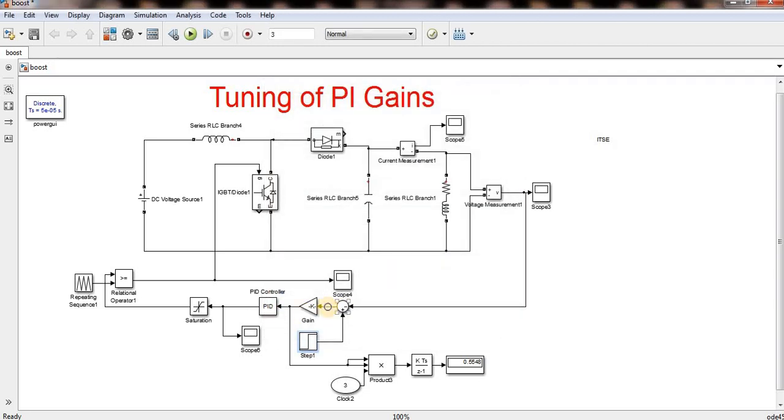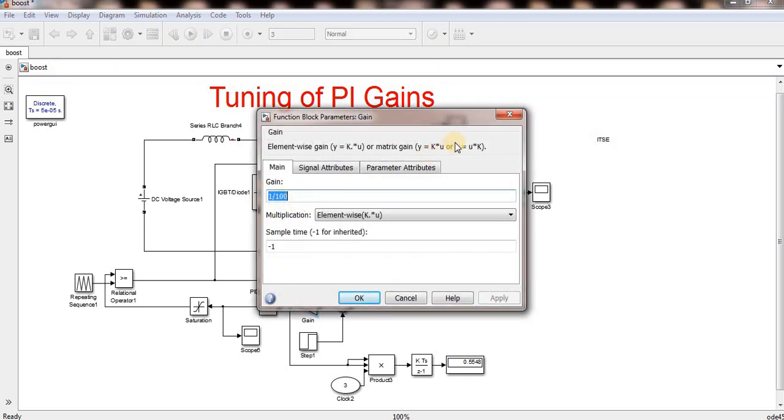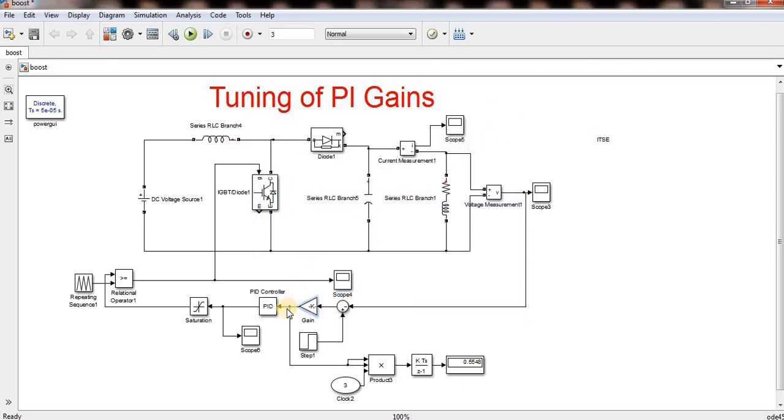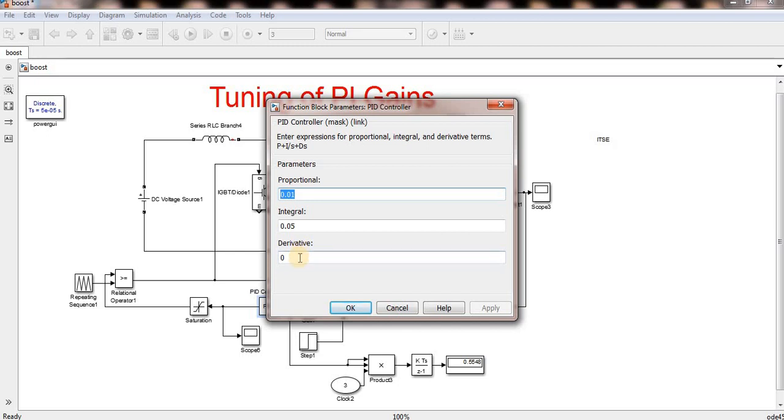So this error is given to my PID. For best value I am taking 1 by 100, because I require the nominal values, or you can assume per unit value. My input is 100 volts and this error is going to the PI. You can use either PI or PID, but here I am keeping the derivative gain as 0, so I am talking about only PI gains.